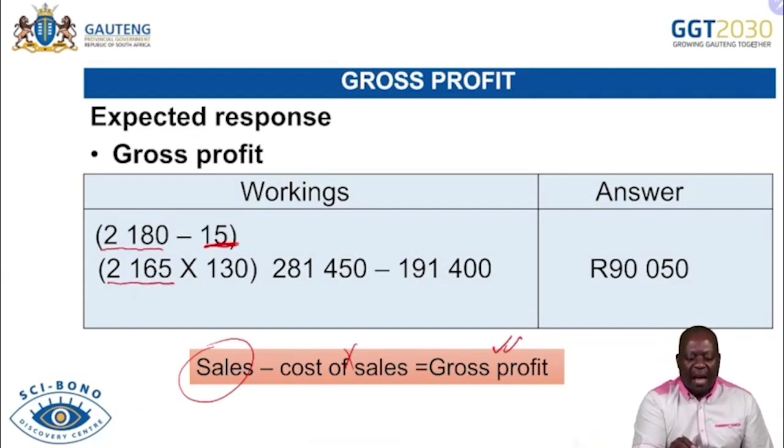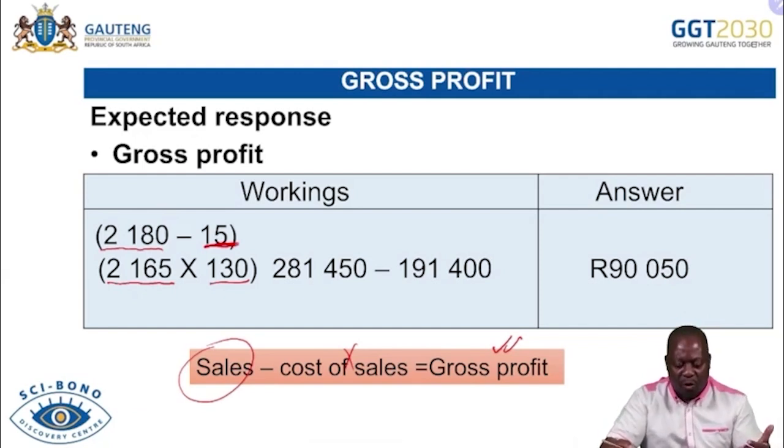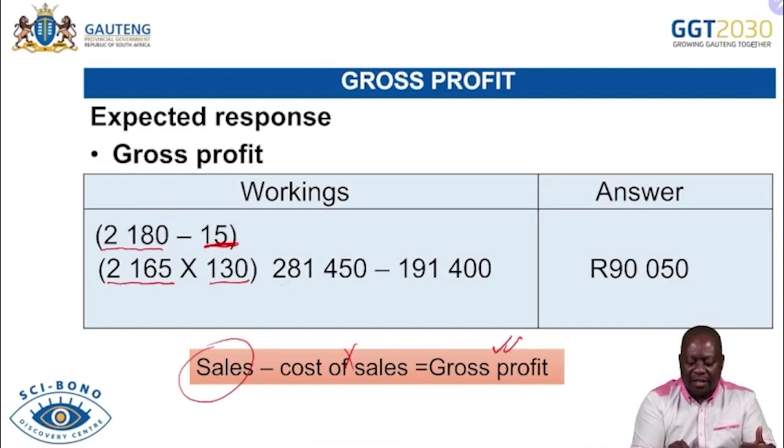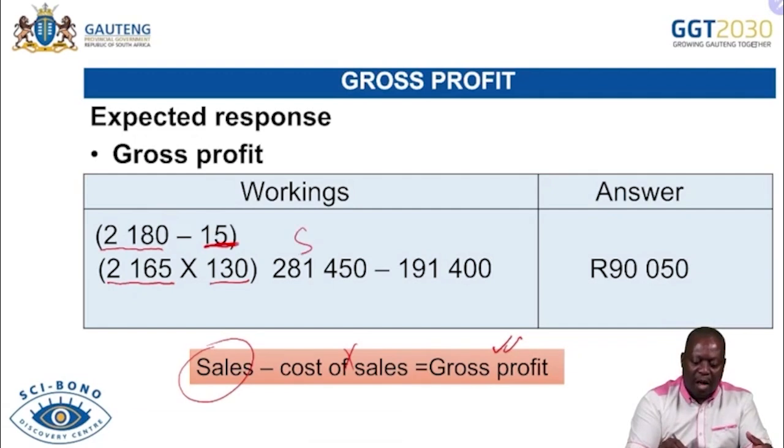And then we multiply by the price per bag, 130 per bag. That's the information we have. 2,165 bags ultimately gone. And we multiply by 130, which is the price per unit. And it gives us 281,450. So this is our sales.